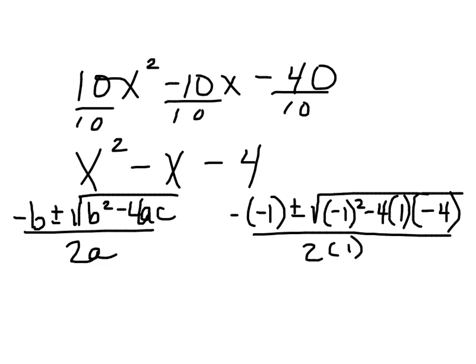So when I clean this up, 2 negatives at the front become a positive 1. Good. What's negative 1 squared? 1. What's negative 4 times 1 times negative 4? What's 1 plus 16? What's 1 times 2?